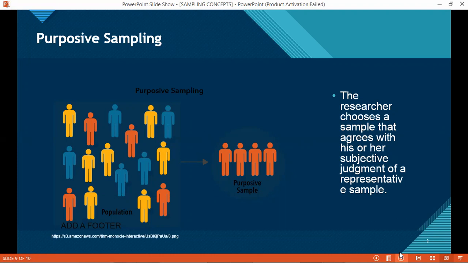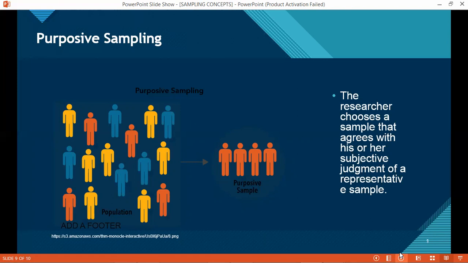Say for example, your research is about Filipinos na ages 13 to 15. So, you should not get respondents na ang edad nila is 17 or 18 because the purpose of your study is to get only the samples na ang edad nila is 13 to 15.